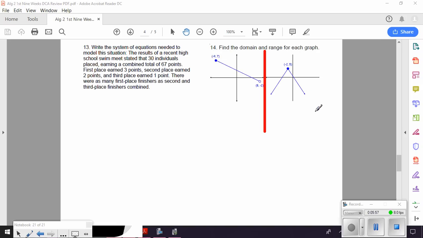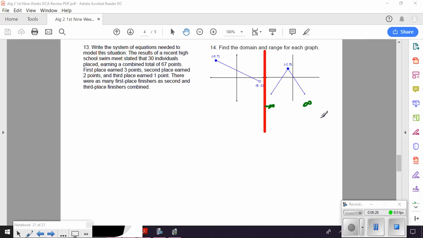On the graph on the right, the domain, again, is your x's. So over here on the far left, that graph has an arrow. So that means it's continually going to the left. So that's negative infinity. You can't build a wall. If I trace the graph all the way to the far right, again, there's an arrow. So it's constantly going to keep moving to positive infinity.